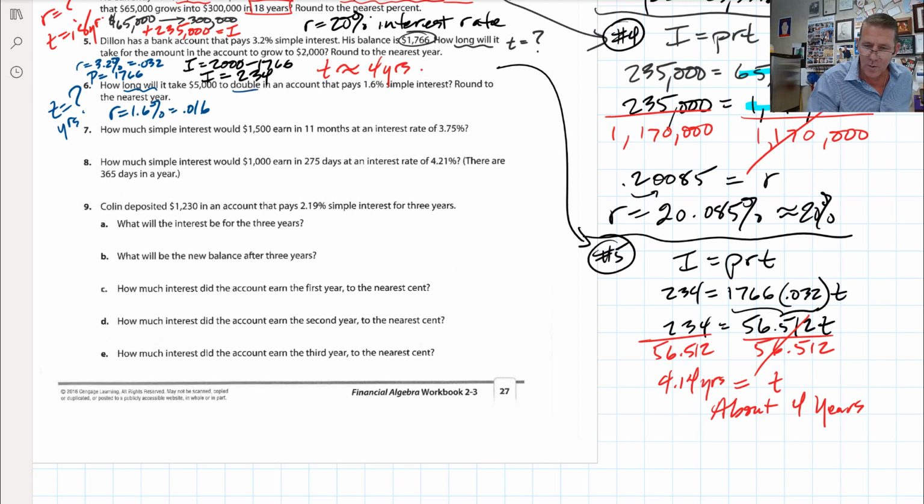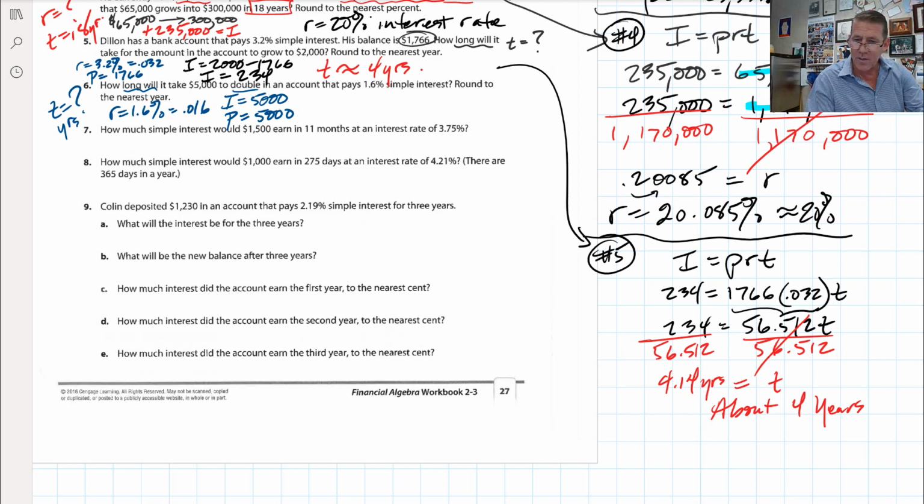So the interest has to be 5,000, since the principal is 5,000. To make it double, we need an interest of 5,000.